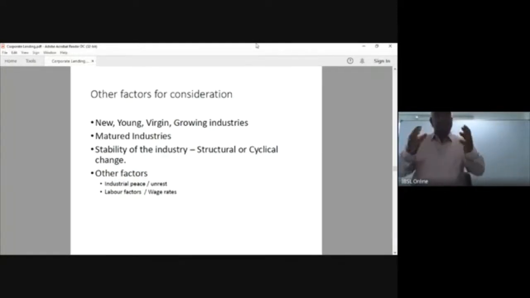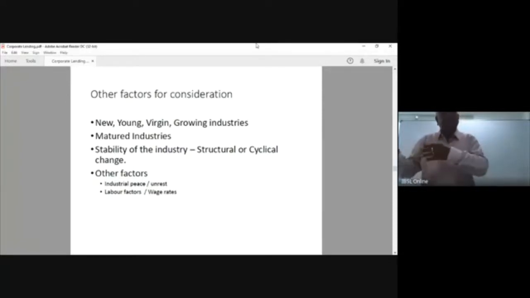If it is matured, as I told you, the expansion is limited. So for companies operating within that industry, the competition is very, very stiff. The best company, which is really doing very well, can have a better market share and can have a better profit.